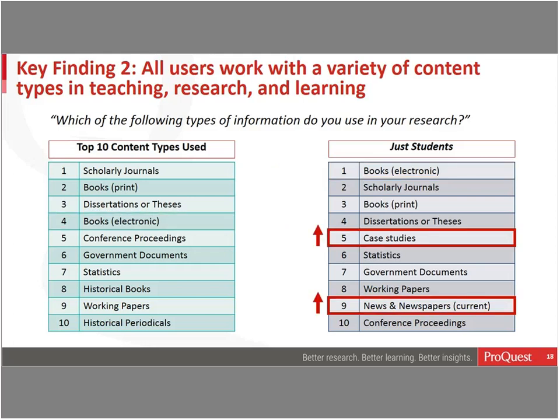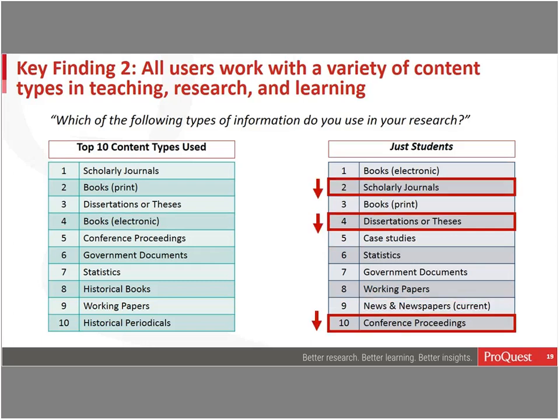There are also a couple of content types that were much higher for students than the group as a whole: case studies, unsurprisingly, and also newspapers in the top 10. Higher level content, higher level academically, was lower down the list. Scholarly journals, dissertations, and conference papers were lower down for students.